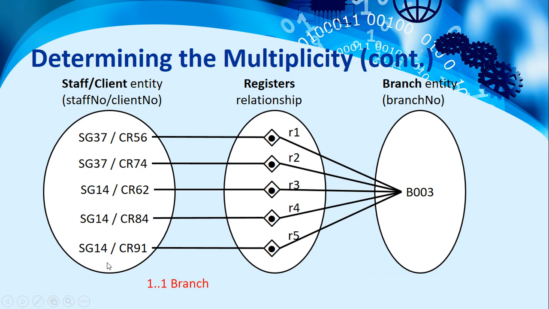If we go with the same procedure, it's one branch. As you notice in the relationship, there's only one line per staff and client entity occurrence.